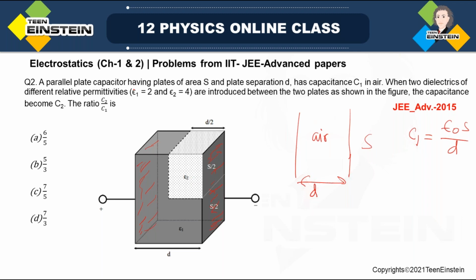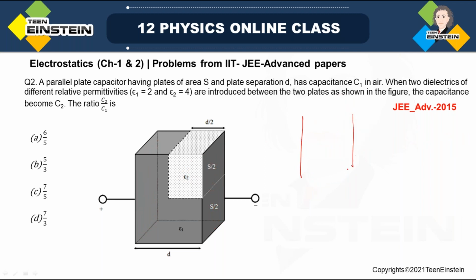Now let us see. When two dielectrics of different relative permittivities, epsilon 1 equal to 2 and epsilon 2 equal to 4, are introduced between the two plates as shown in the figure. You look over here, half the distance d and half the area is covered by this particular dielectric material, which is shown here by E2. I'll clean everything and show you once again.